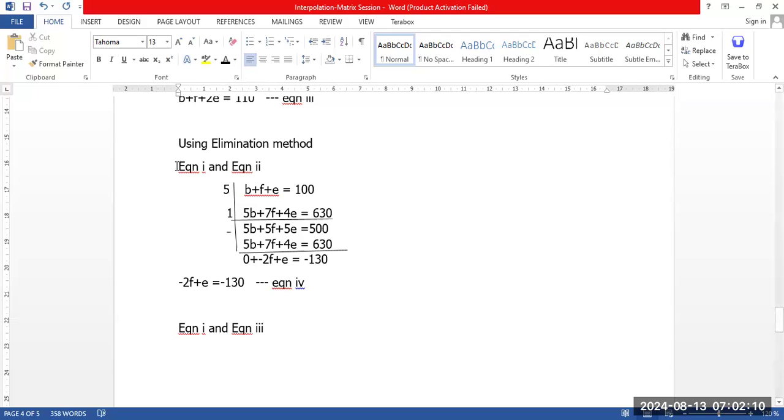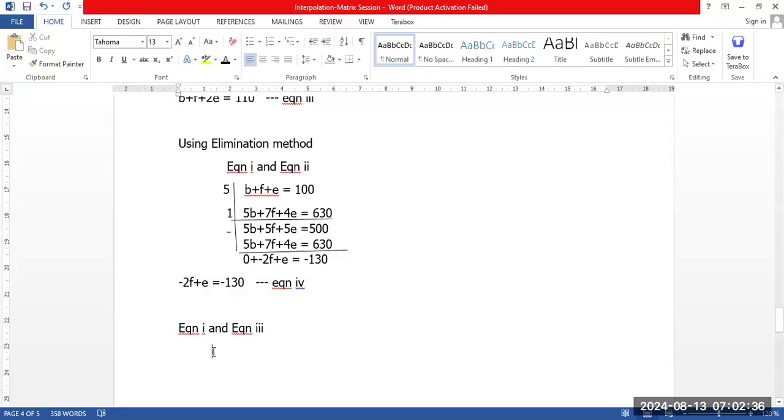Because I have already solved equation 1 and 2, I can choose 1 and 3, or another person can choose 2 and 3. We want to create a relationship like this from equation 1 and 3. If you focus on equation 2 and 3, then also create a relationship in this form.